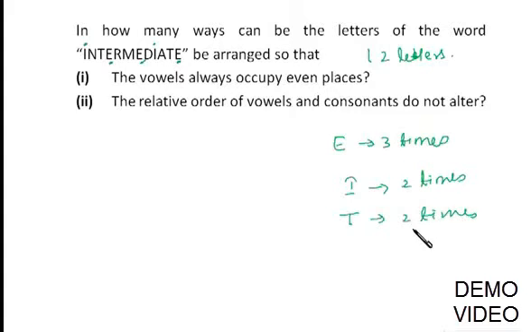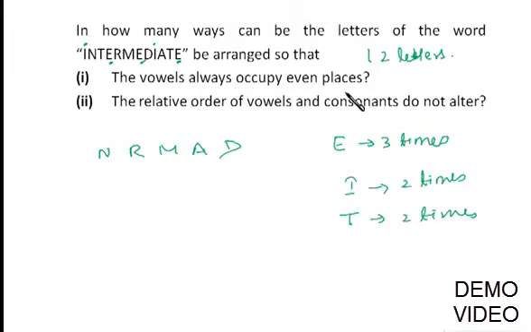Now we are left with N, R, M, A, and D. So these 5 letters occur one time, and the other letters occur 3, 2 and 2 times. Now we have to take the first case.